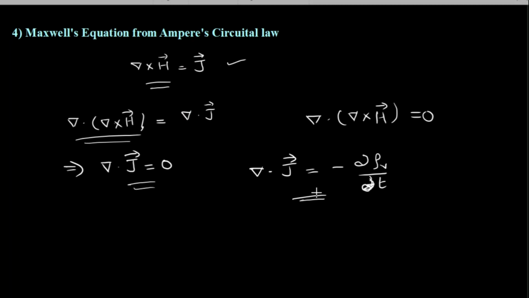So this made Maxwell think about why this is happening. I have already an established relationship for the continuity equation. When I say del dot J is equal to minus d bar rho v by d bar t, there is a time variation because we are talking about time varying field. We should not forget that.